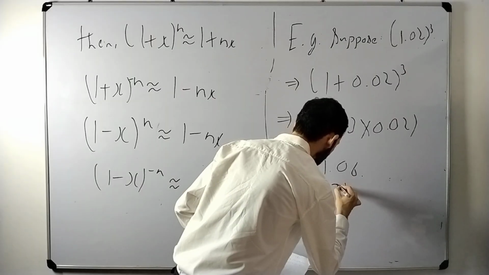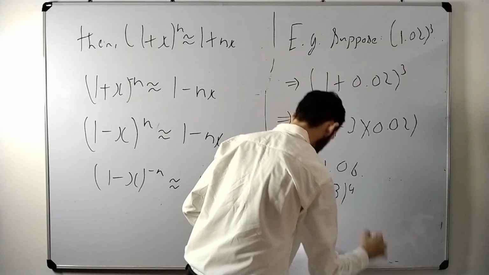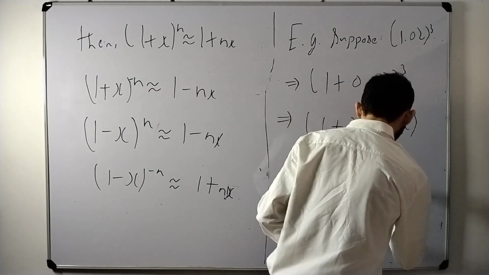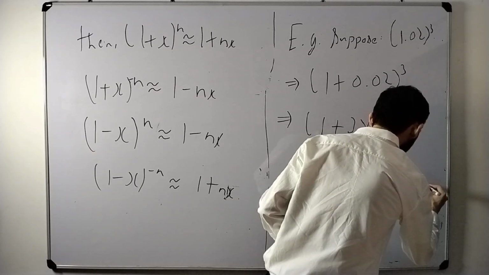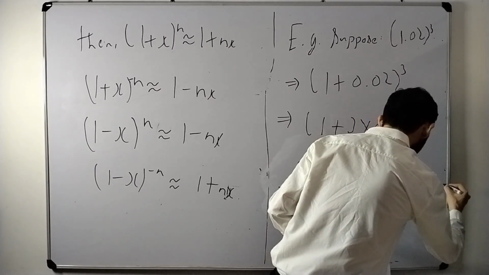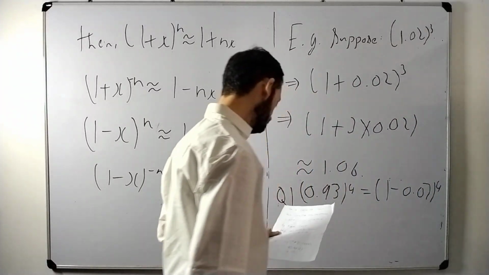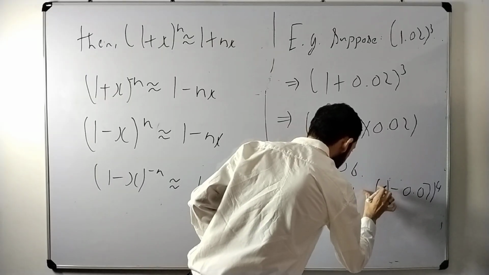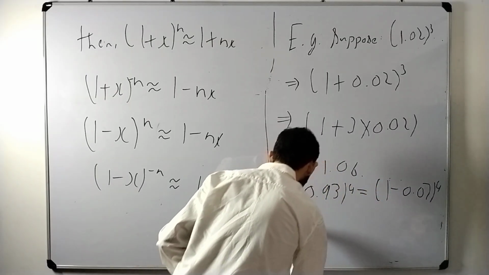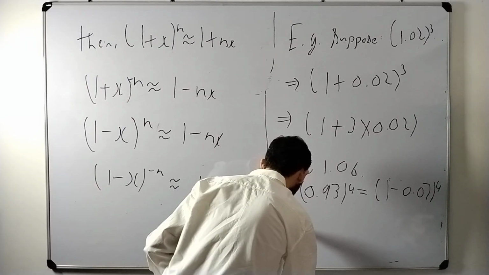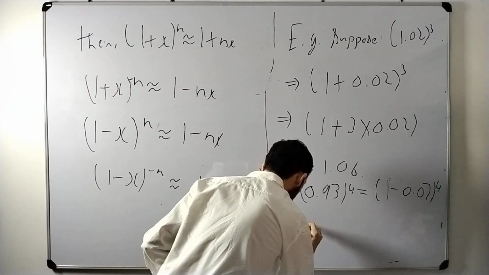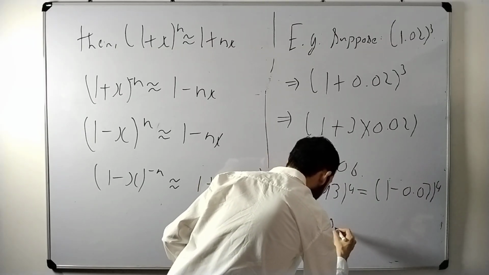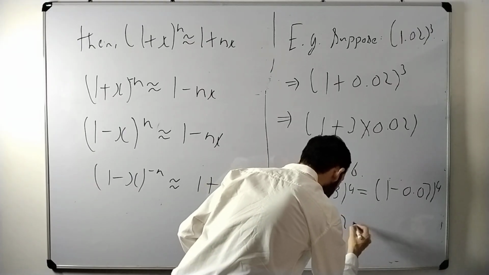Sir is getting wrong with numbers certainly, and this could be written as 1 minus 0.02, and this happens to be to the power 4, and this could be written as 1 minus 4 times 0.007.